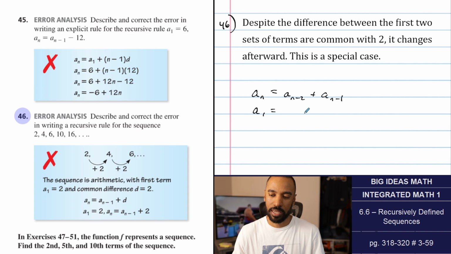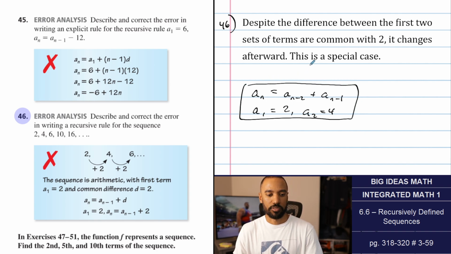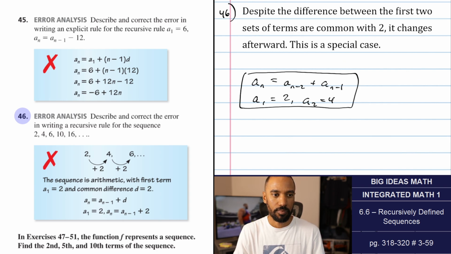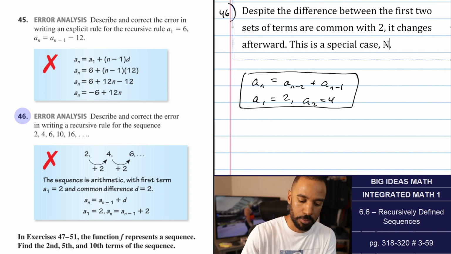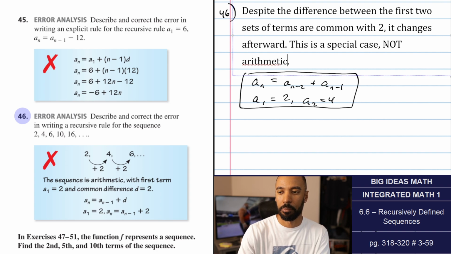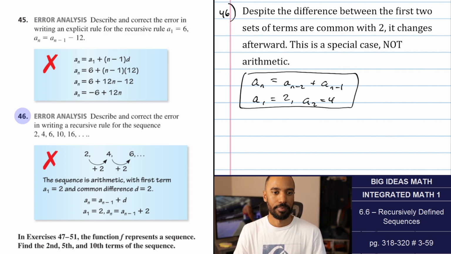So your rule is first term 2, second term is 4, like that. And I don't think we have to come up with any things afterward there. So they treated it as arithmetic. So this is a special case, not arithmetic. I think that's the big thing I have to call out, basically. I explained why it wasn't, but I need to catch their error.